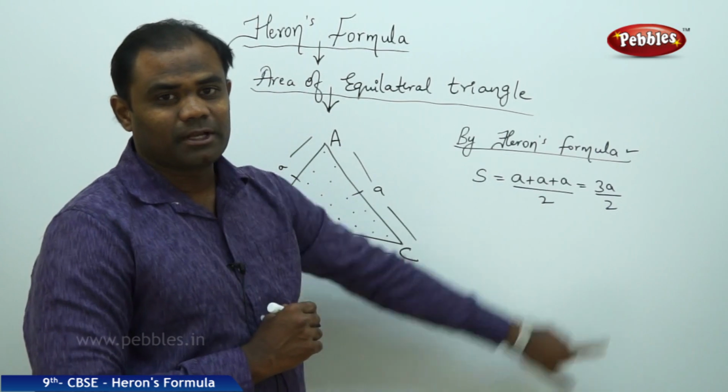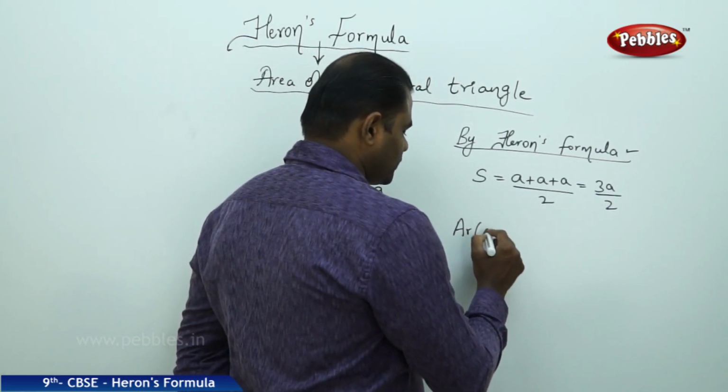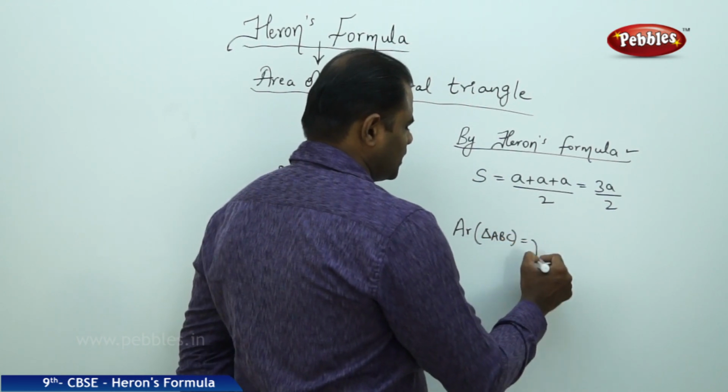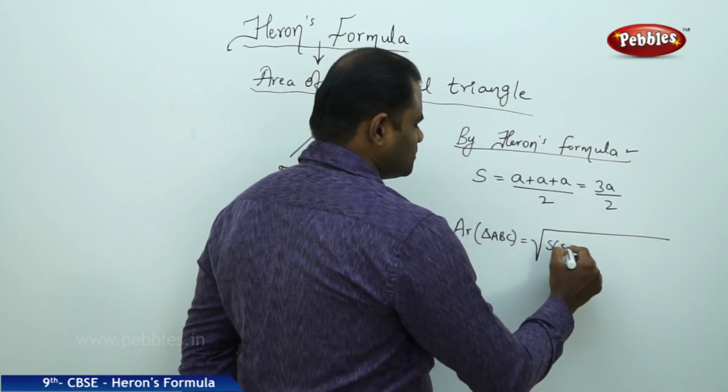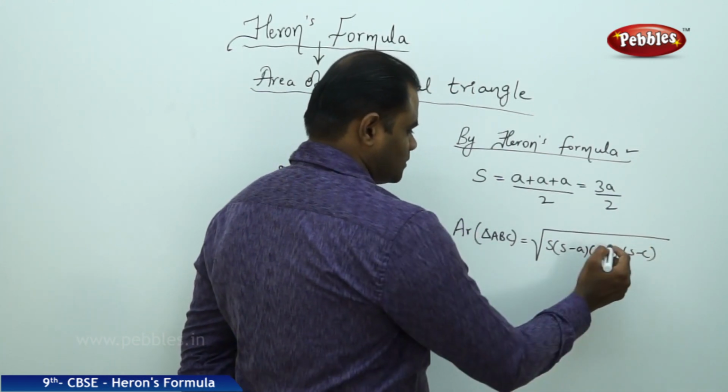Now S is 3A by 2 and my area of triangle ABC is given by root of S times (S minus A) into (S minus B) into (S minus C).